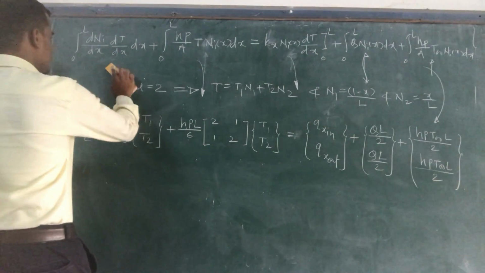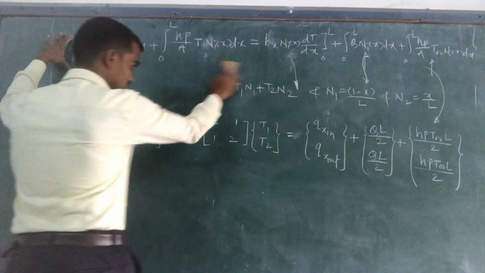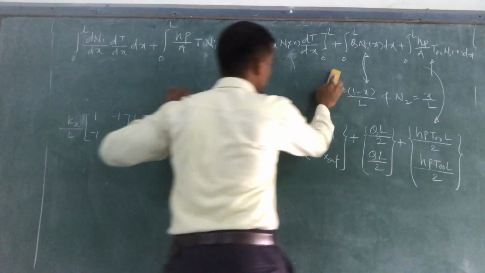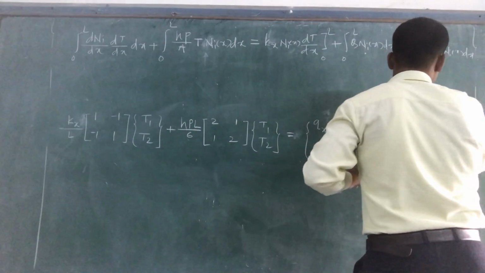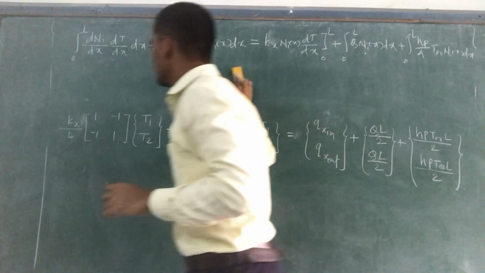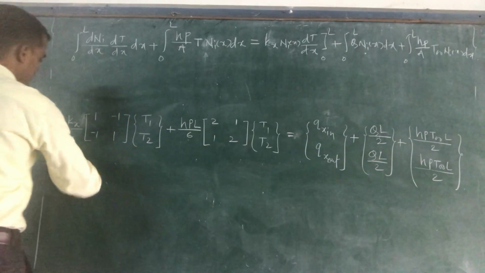So by solving this equation for 2 times, that is for first node and for I is equal to 2, second node, you will get 2 equations, and by writing these 2 equations you will get this matrix relationship.